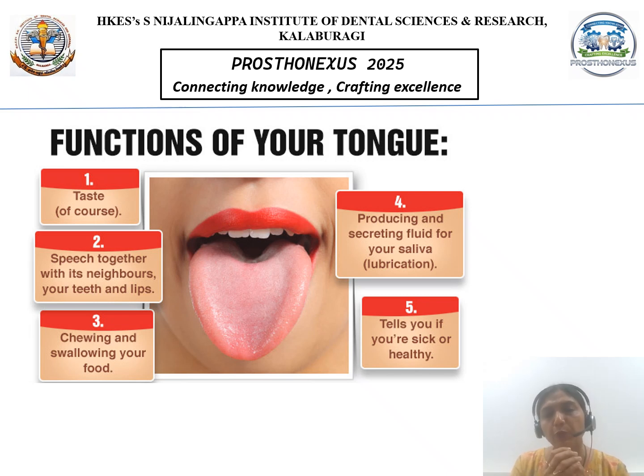And then finally, the tongue tells us how well we are, like what our medical status is. By looking at the tongue, there are so many diseases which are identified, and it is the first line of defense for whatever is present in our oral cavity.